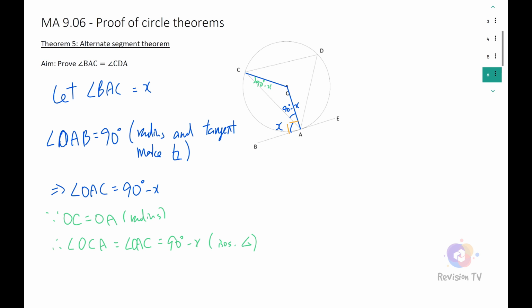And what do we know about angle COA? So angle COA is going to be 180 degrees, subtract 90 minus x, subtract 90 minus x. So 180 minus 90 minus 90 is 0. Minus a minus is a plus, and that leaves us with 2x. So angle COA is 2x.